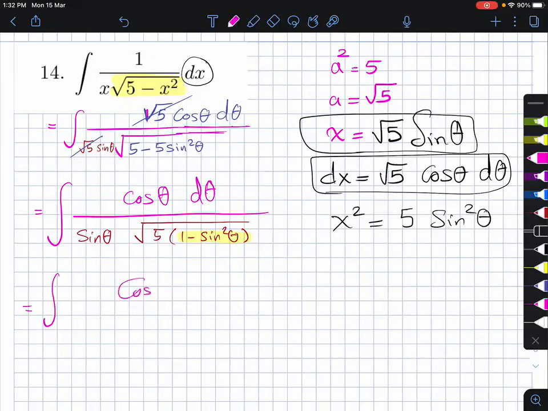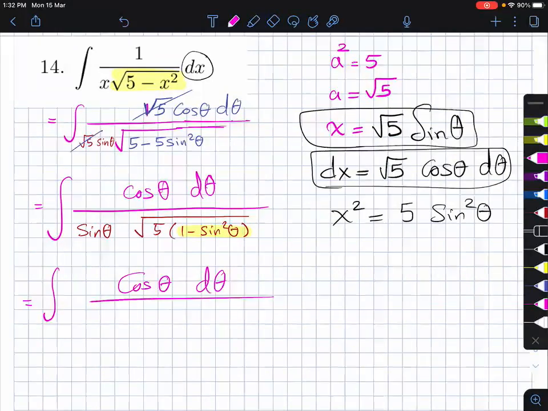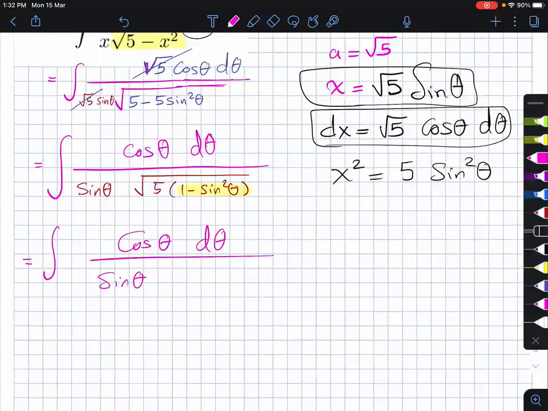So cosine theta d theta over sine theta multiplied by root 5 times the root of cosine squared theta, which is cosine theta, because the radical cancels with the square and the cosine cancels with the cosine on top.